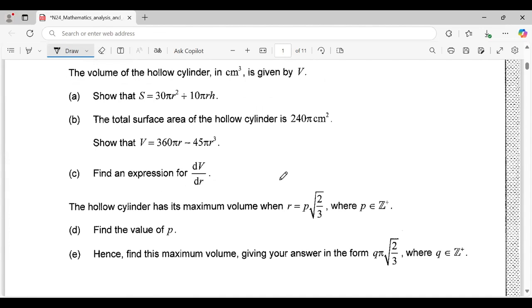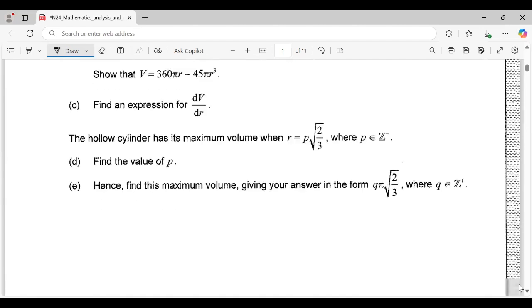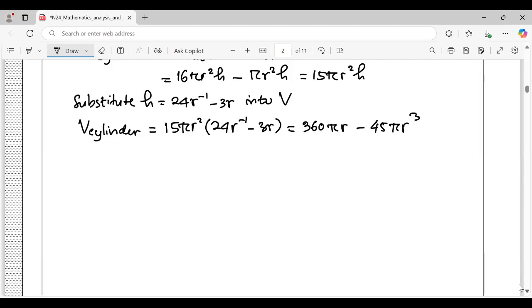Find an expression for the derivative of the volume, dV dr. The derivative of this volume function is 360 pi minus 3 times 45, which is 135 pi r squared.